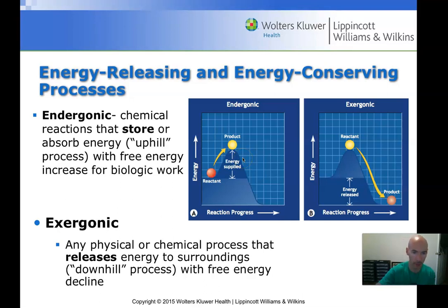We said energy is not produced, it is merely transferred from one form to the other. So as we break apart our macronutrients, we are transferring energy from the carbohydrate, protein, or fat into ATP, which is our product, right? Energy is supplied through those electrons to allow us to produce ATP, okay? And that is an endergonic process.